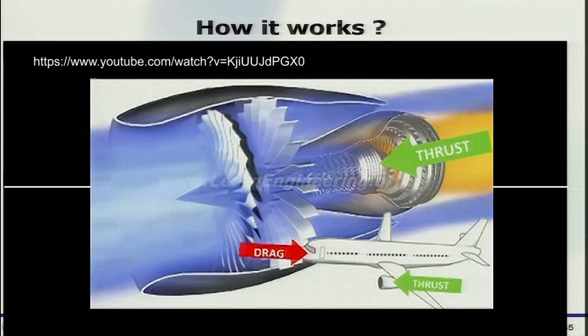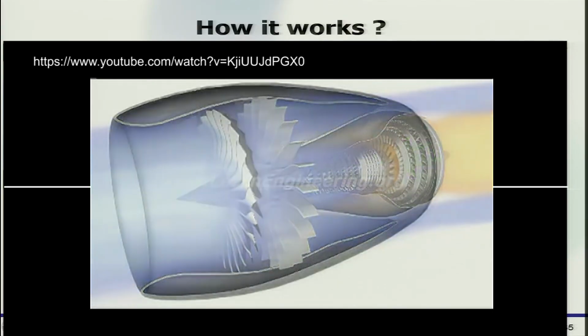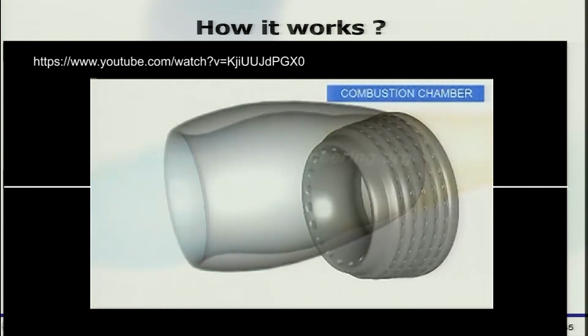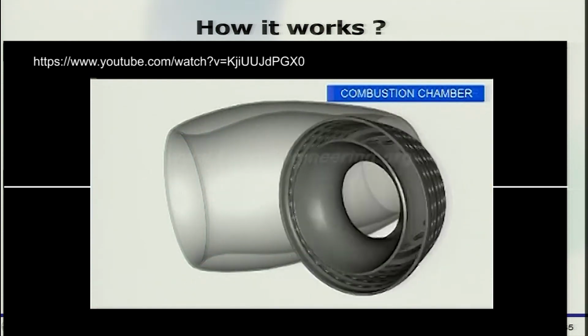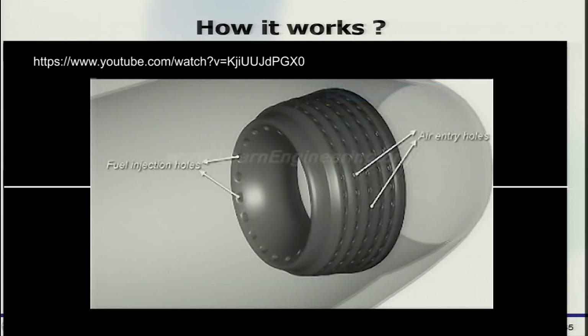Such high-speed exhaust is achieved by a combination of techniques. If you can heat the incoming air to a high temperature, it will expand tremendously and will create the high-velocity jet. For this purpose, a combustion chamber is used. An atomized form of the fuel is burnt in the combustion chamber.